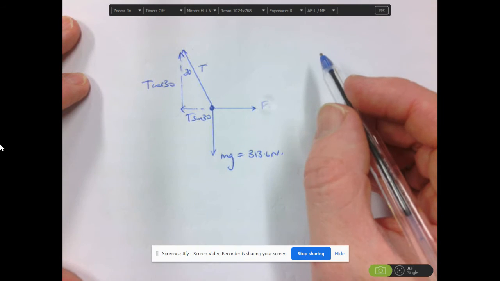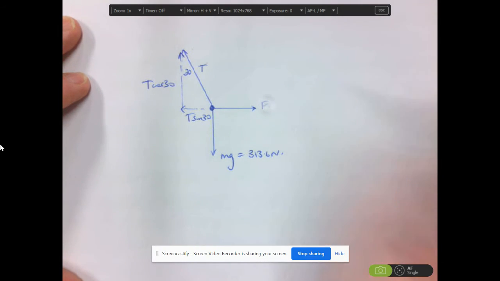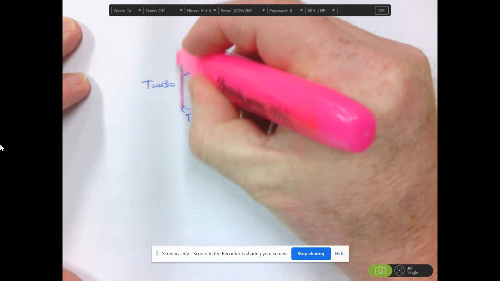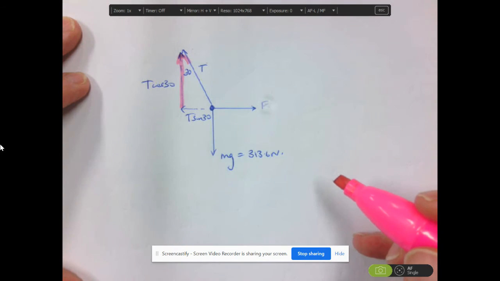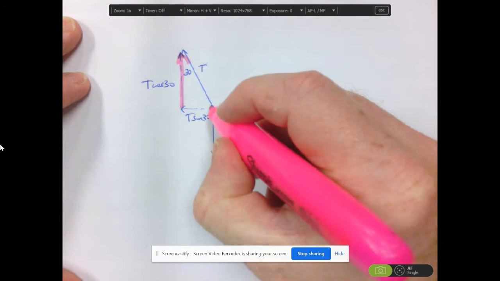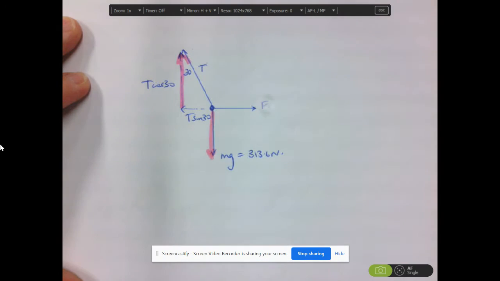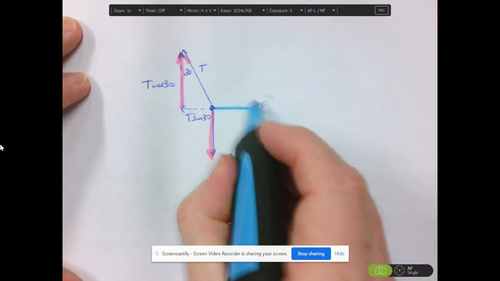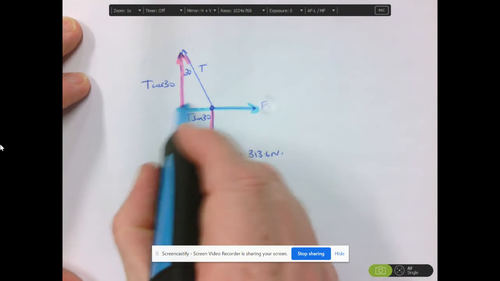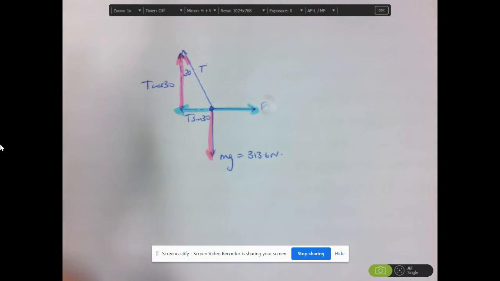So the vertical force here, the tensional component going up, must balance with the forces going down, that's the weight force. And because it's not moving sideways, that force there must balance with that force there. My diagram's not to scale, obviously, so we just have to cope with the fact that it's just a diagram.